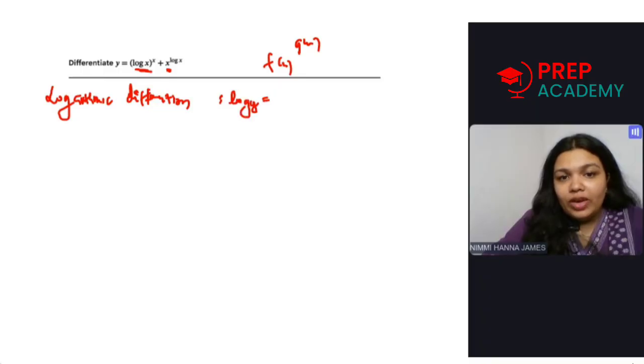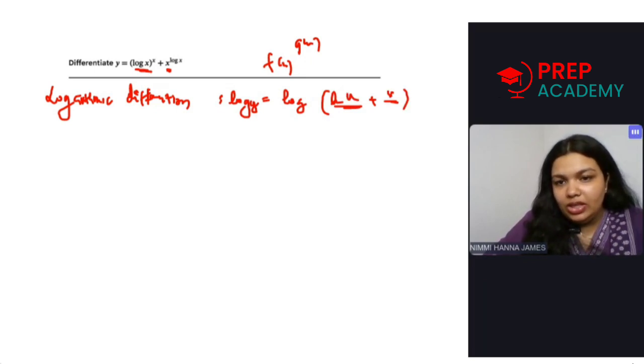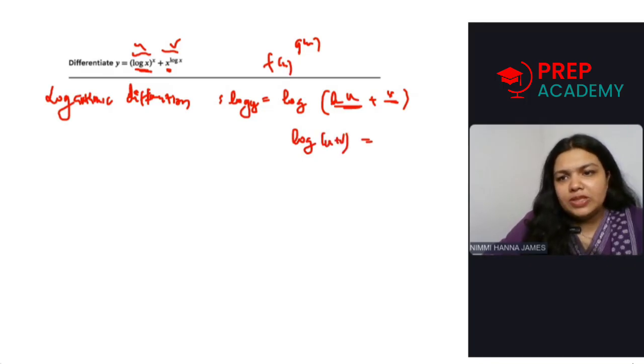That is log y is equal to log of this function plus this function. Suppose this is u and this is v. If we take logs directly, we get the form log of u plus v. What is the expansion of log of u plus v? Do we know that? We don't.